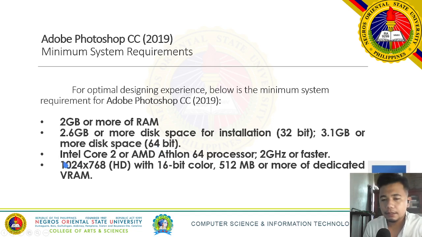And then you should have at least an Intel Core 2 or AMD Athlon 64 processor, and 2 gigahertz clock speed or higher. And then as for graphics, you should have at least 1024 by 768 or HD with 16-bit color, and 512 megabytes or more dedicated video RAM.